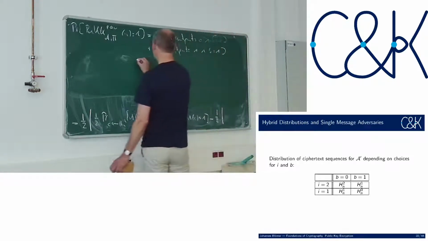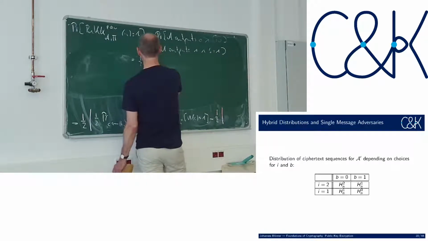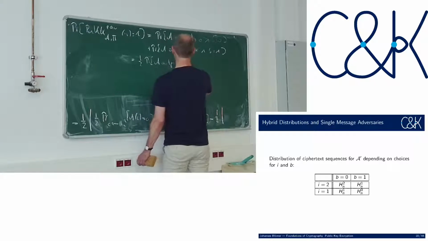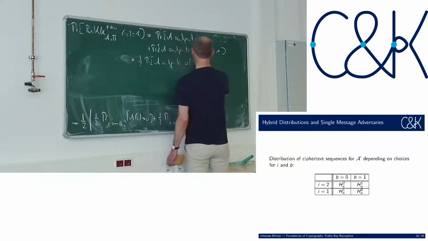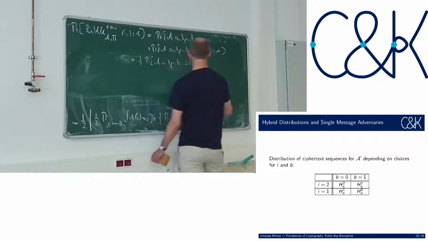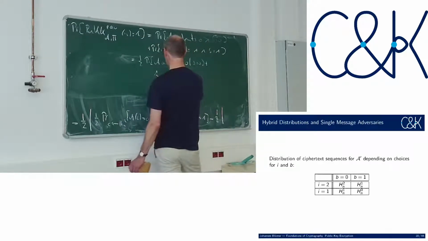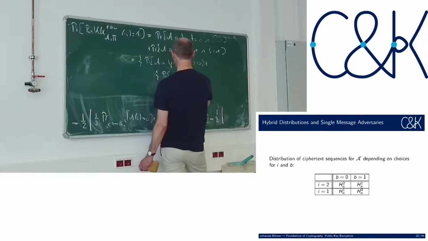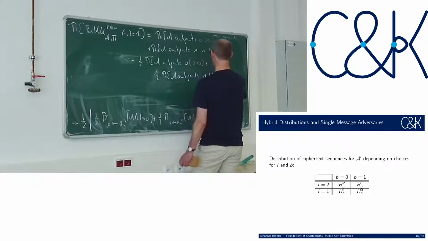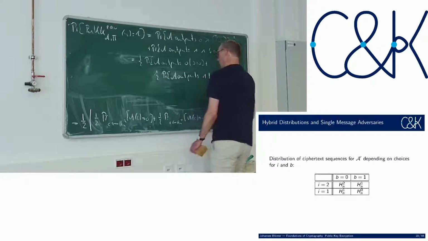Which is one half the probability A outputs 0, conditioned on B being 0, plus one half the probability A outputs 1, conditioned on B being 1.